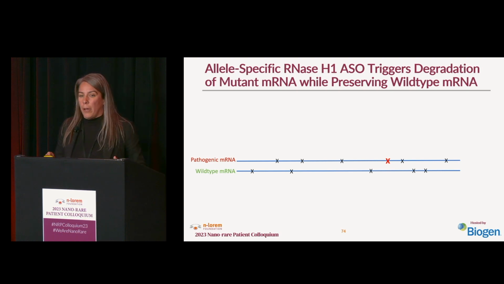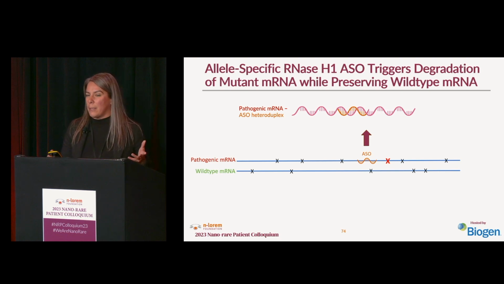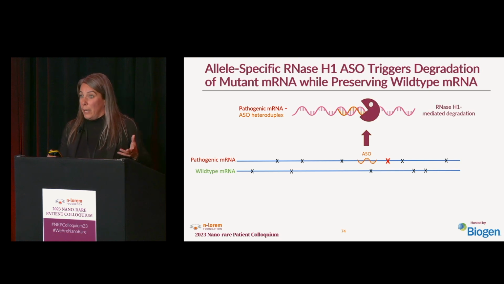So you have the pathogenic mRNA there with the pathogenic mutation, as well as the wild-type mRNA. So our ASO will bind here where the sequence is unique to the pathogenic mRNA. And this will create a duplex of ASO and mRNA. And this duplex is recognized by an enzyme that we call RNase H1.